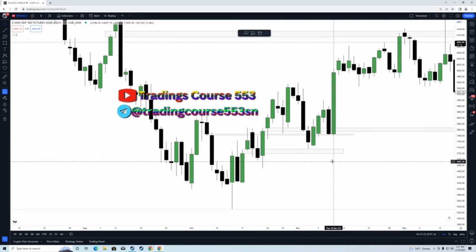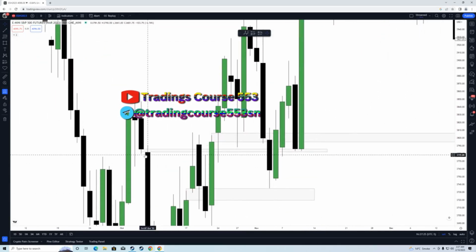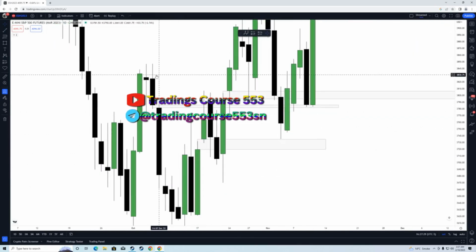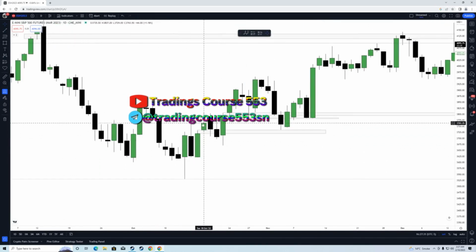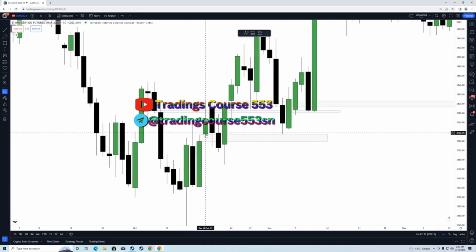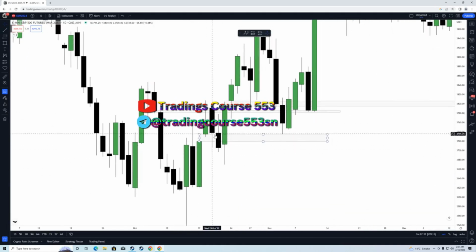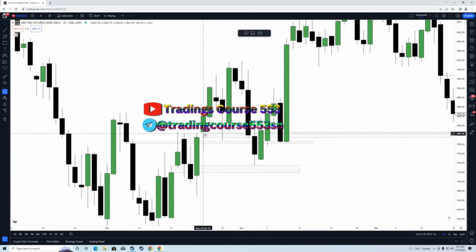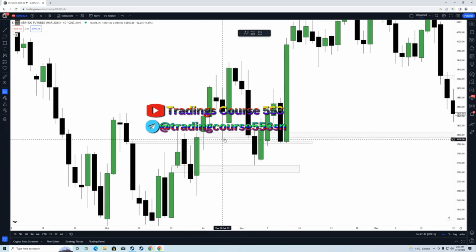Over here, you can see just like that, we have volume imbalance. Price came back into this level. We had a sharp reaction. Over here, we have volume imbalance as well. Price came down. Boom. Over here, we have volume imbalance. Price came down.